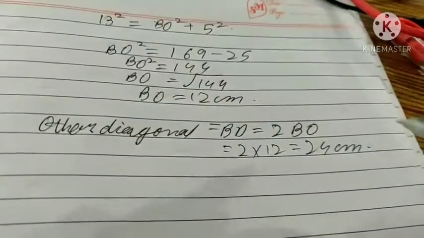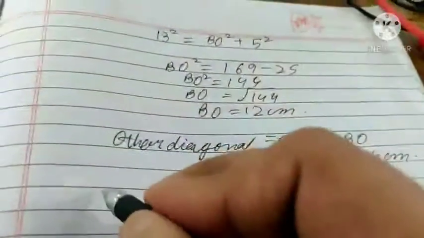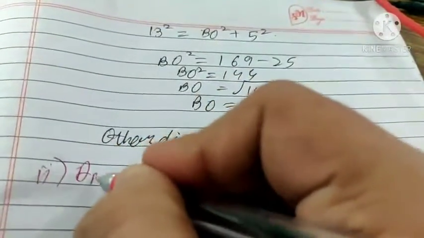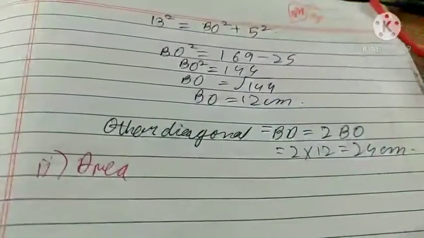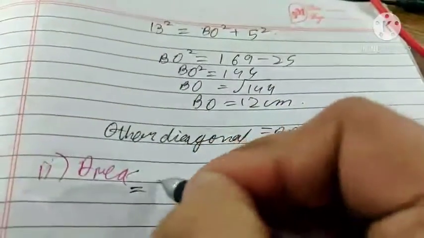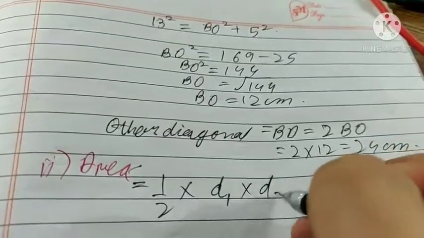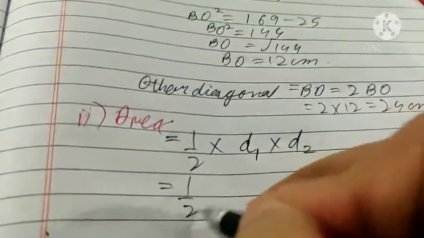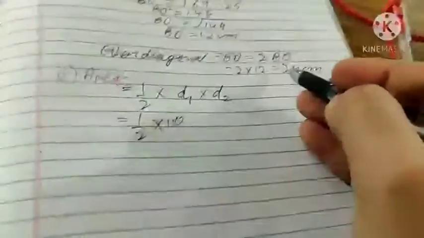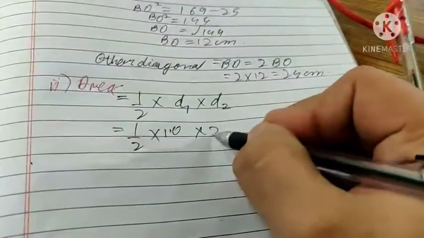Okay, this was the length of the other diagonal, and now we have to find the area. Area of rhombus is equal to half into diagonal 1 into diagonal 2. So diagonal 1 here was 10 centimeter, and diagonal 2 here was 24 centimeter.